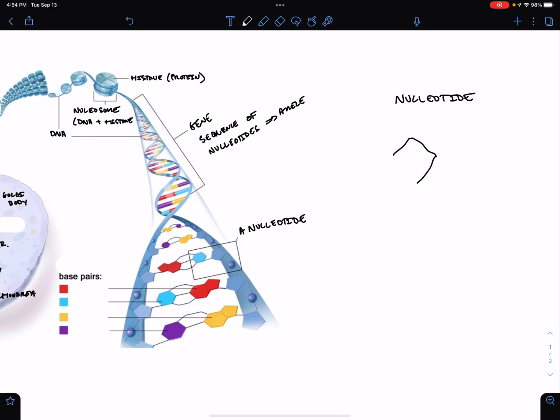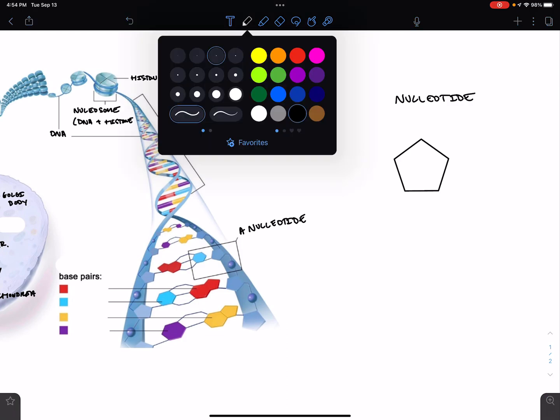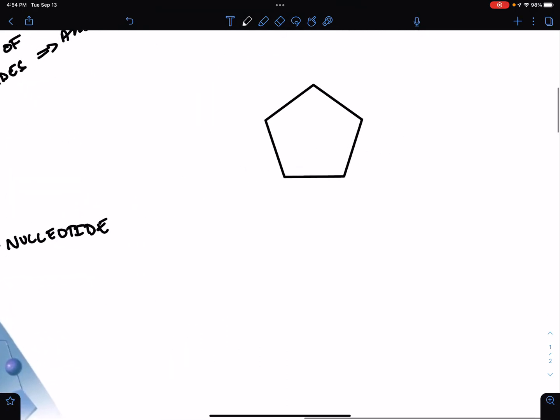Well, it's composed of a 5-ringed sugar called a deoxyribose sugar.